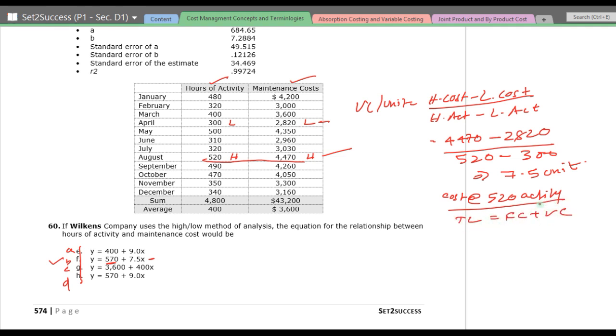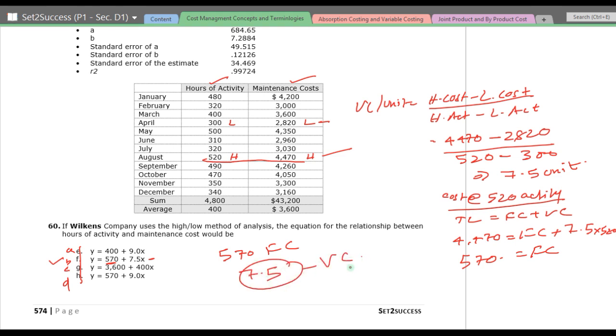So total cost at 520 activity is 4470 and we need to find the fixed cost, and the variable cost is 7.5 into 520, which gives you fixed cost comes to 570. So the correct option is B because 570 is your fixed cost and 7.5 is your variable cost.